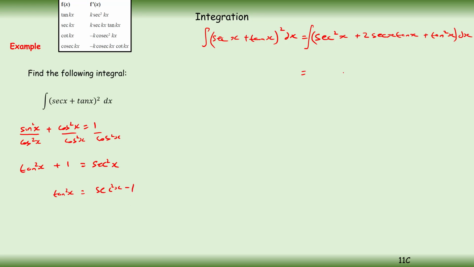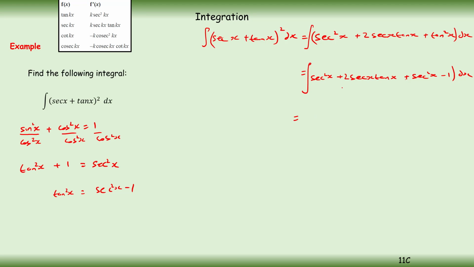So I can sub that for tan squared x. It's going to be the integral of sec squared x plus 2 sec x tan x plus, instead of tan squared x, we go sec squared x minus 1, with respect to x.